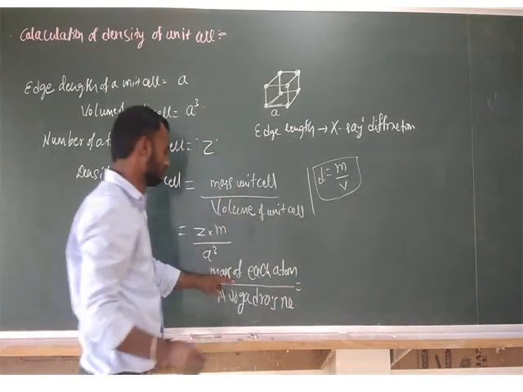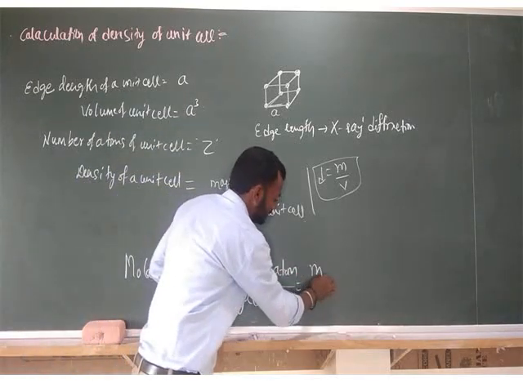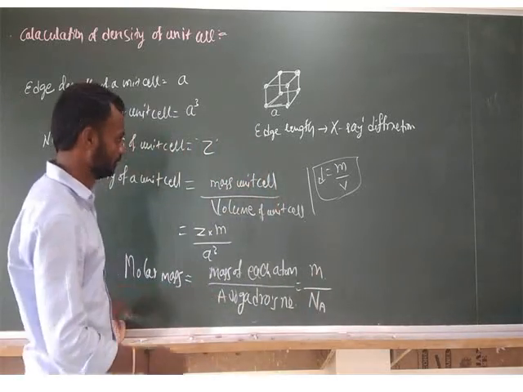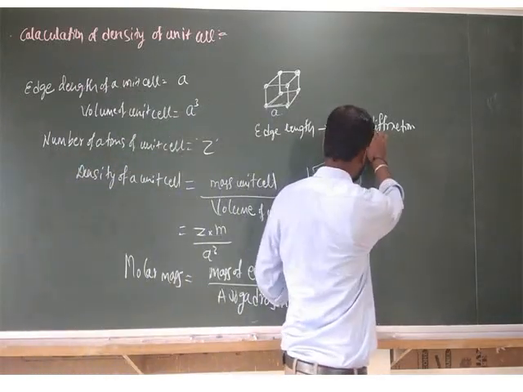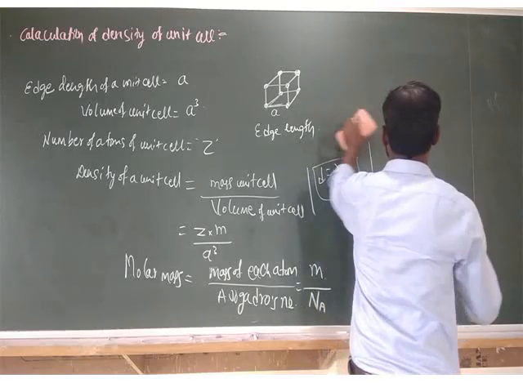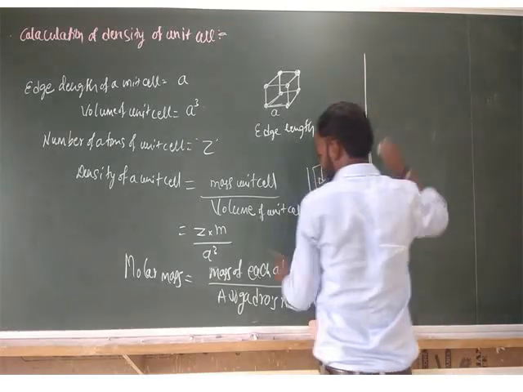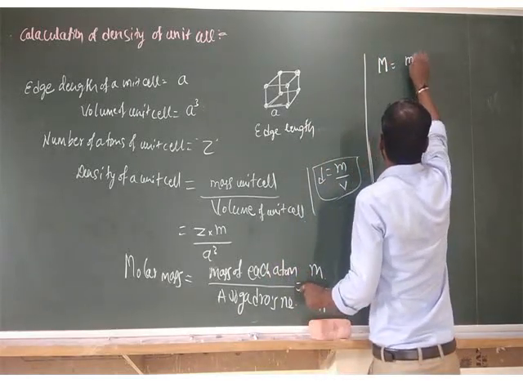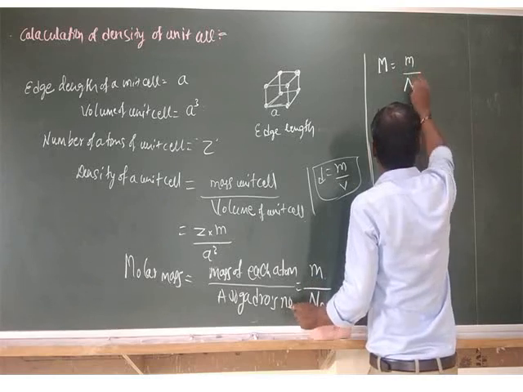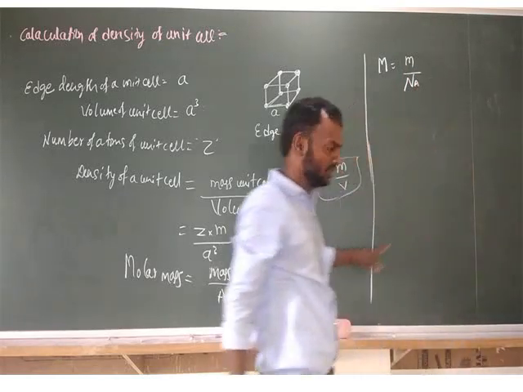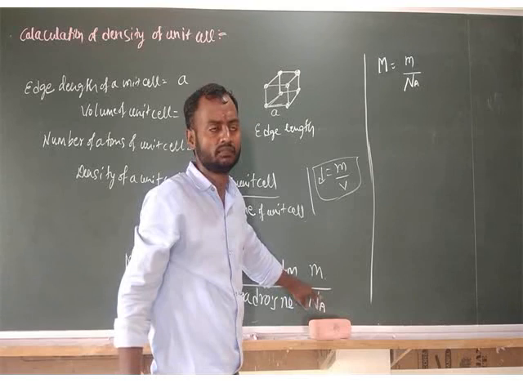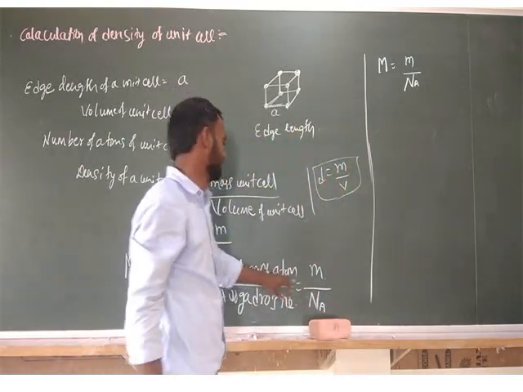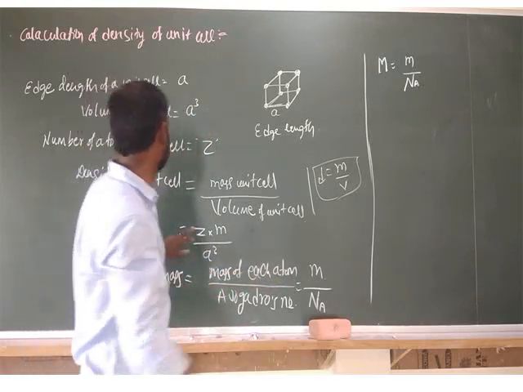So the mass of each atom is small m equal to capital M divided by Na, where Na means Avogadro's number of atoms present in a mole. Therefore, substituting M divided by Na for the mass m in this one.